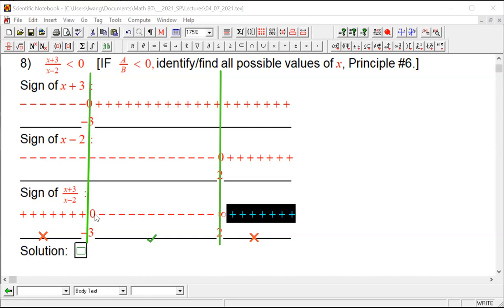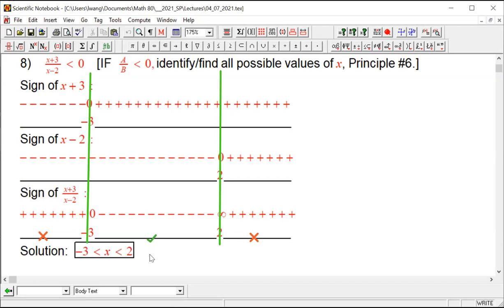Well, we cannot include 0, because we want the quotient to be negative. So -3 is not included. The solution would be all the numbers larger than -3 and smaller than 2. So that's the solution.